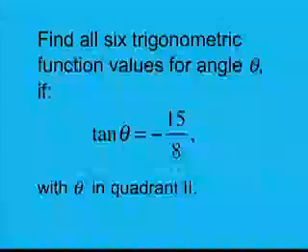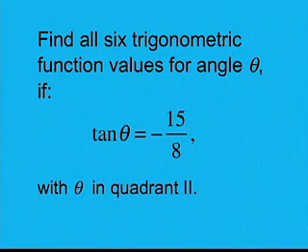Let's work an example where we use these identities to solve a problem. So we have, find all 6 trigonometric function values for the angle theta if tangent of theta is equal to -15 over 8, where theta lies in quadrant 2.